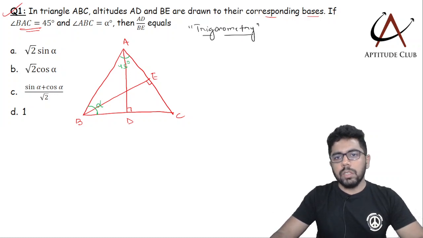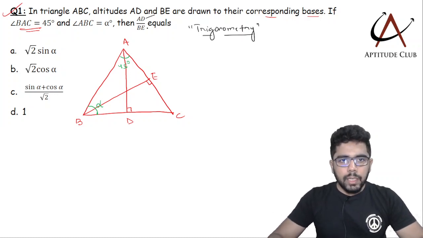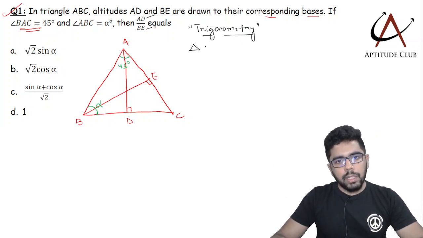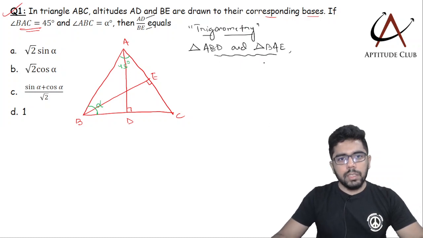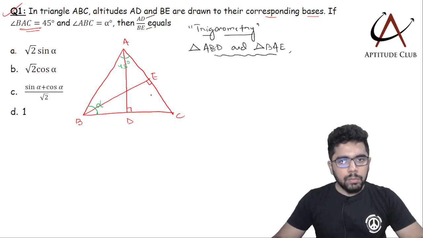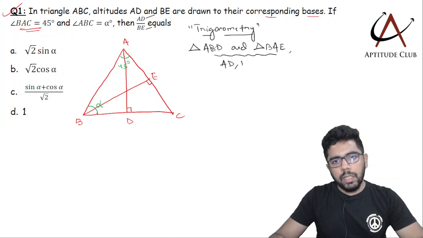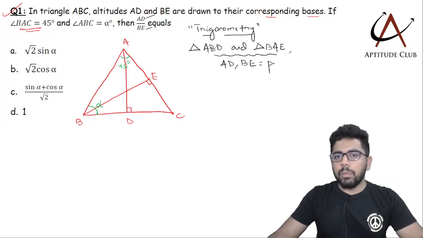Now think about this. We are supposed to calculate AD and BE. Now if I take triangles, let us say triangle ABD and triangle BAE, so I can see that AD and BE will be like your perpendiculars.